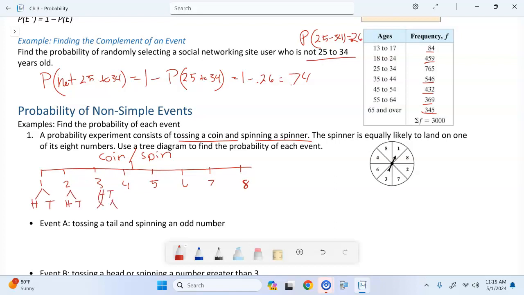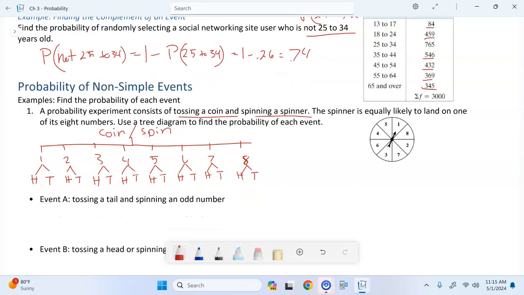Heads or tails. Heads or tails. And we can do that all the way down. And so our sample space consists of 1 in heads, 1 in tails, 2 in heads, 2 in tails, and so on, all the way down the line.